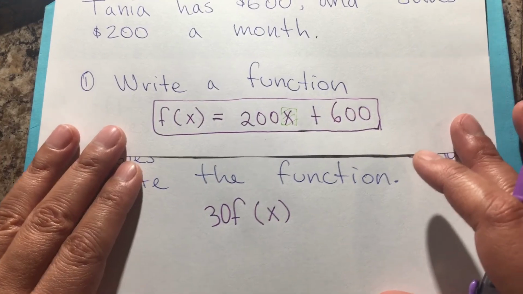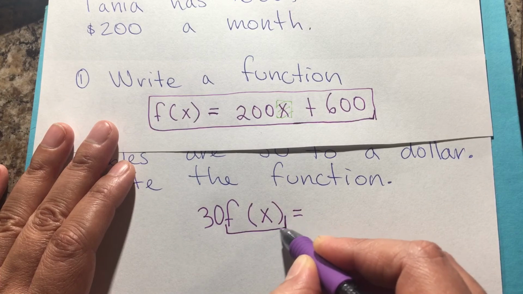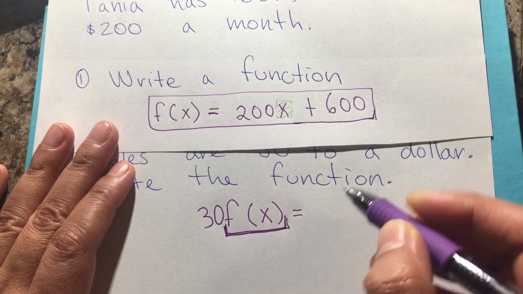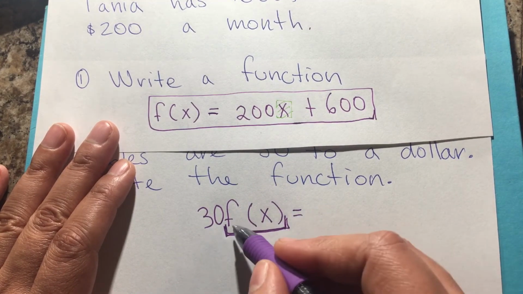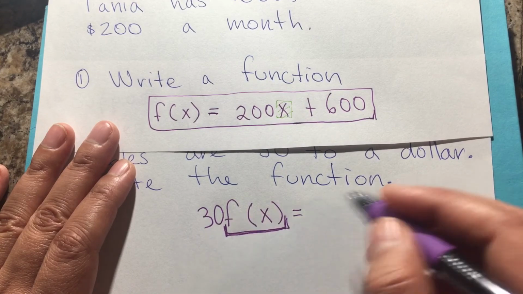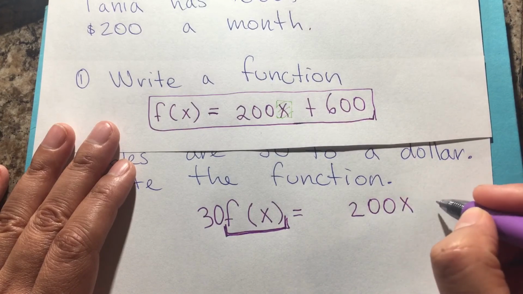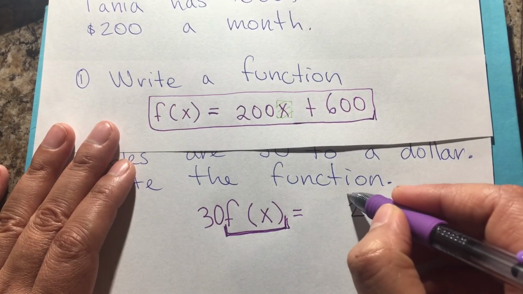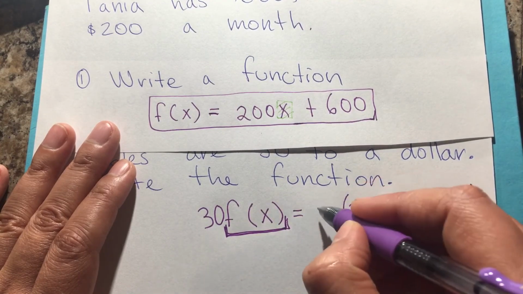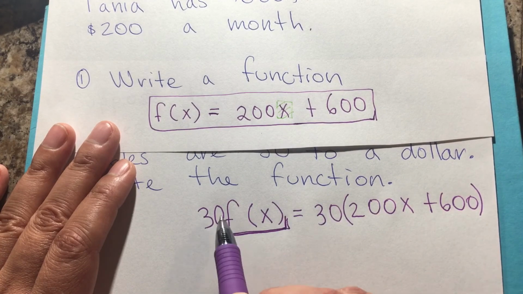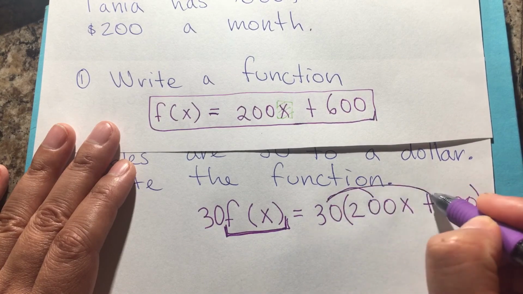Okay, this is about the rubles, and so when you have the function f of x right there, it just means copy it and then do whatever the number outside says. Sometimes it says add something or multiply by something. In this case, bring down the original 200x plus 600, and you're going to multiply. That's why you need the parentheses, and bring over the 30. Okay, since it's on the left of the function, you need to put it on the left and then do the distributive property.